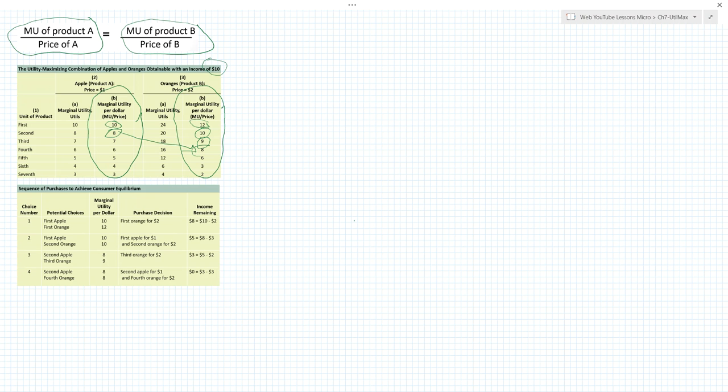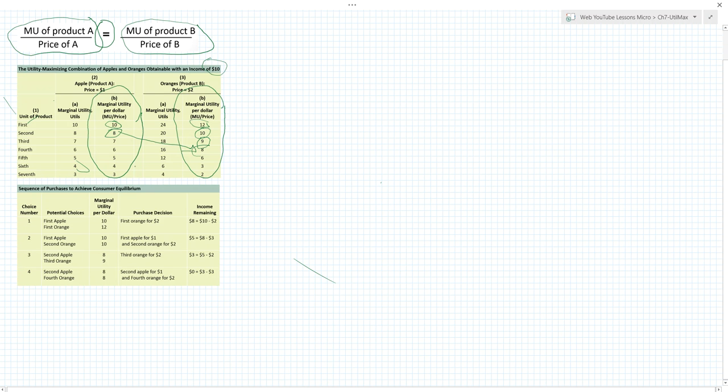So they're equal, and that satisfies the equation, the equality that says you will maximize your total utility if you consume where the marginal utility per dollar spent on each good is the same while exhausting your income.